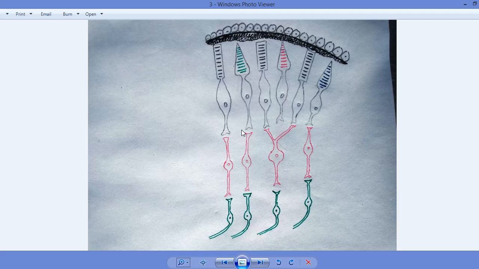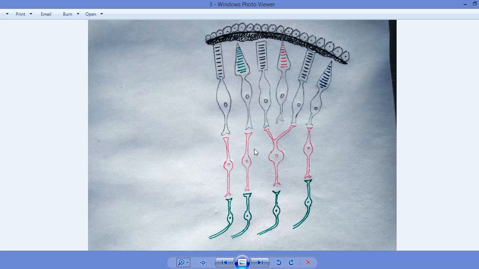When your eyes are closed these rods and cones will continuously secrete inhibitory neurotransmitter towards the bipolar cell. Why? In the form of no vision, in the form of closed eyes, why do these secrete the neurotransmitter? Because the bipolar cells are also very weird.